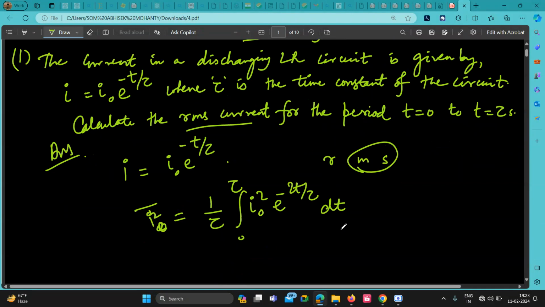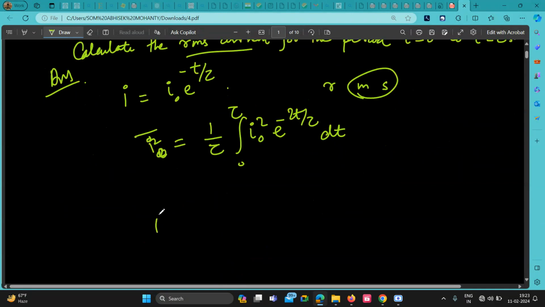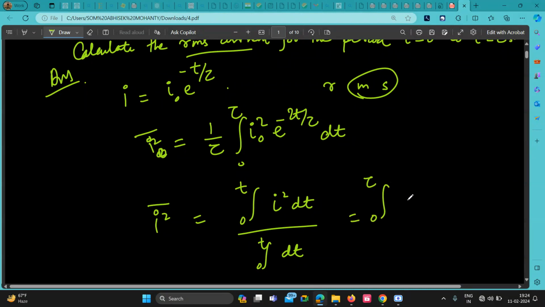How I did it: I square mean is integration 0 to t of I square dt divided by integration 0 to t of dt. Here t means tau, so integration 0 to tau, I square is I naught square e to the minus 2t by tau dt, whole divided by integral 0 to tau dt.